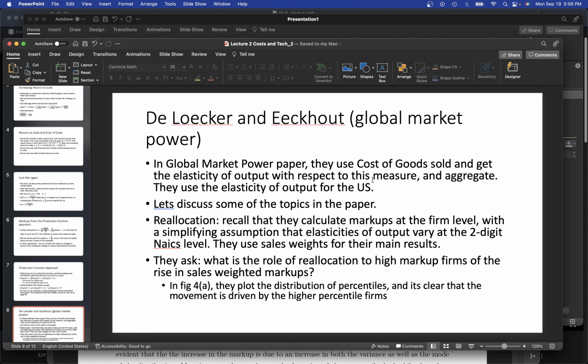The changes in markups were decomposed into changes of within-firm markups and all the other forces of reallocation: entry, exit, changes in the shares between high and low, and changes in both markups and the sales shares. So see Asia and the role of reallocation versus within-firm growth. Please look at that paper and check out the results for Asia specifically.